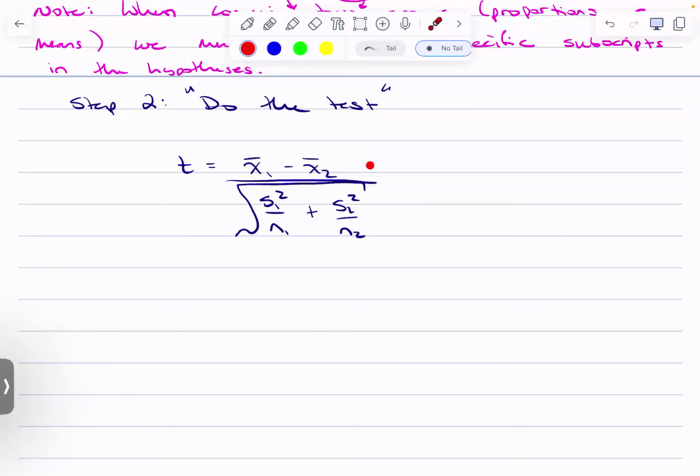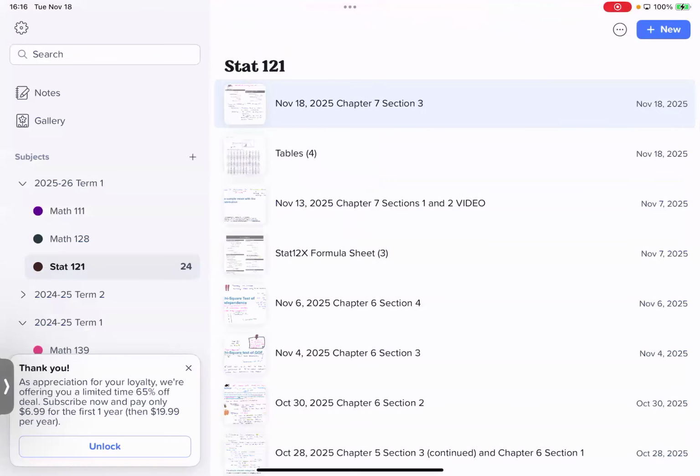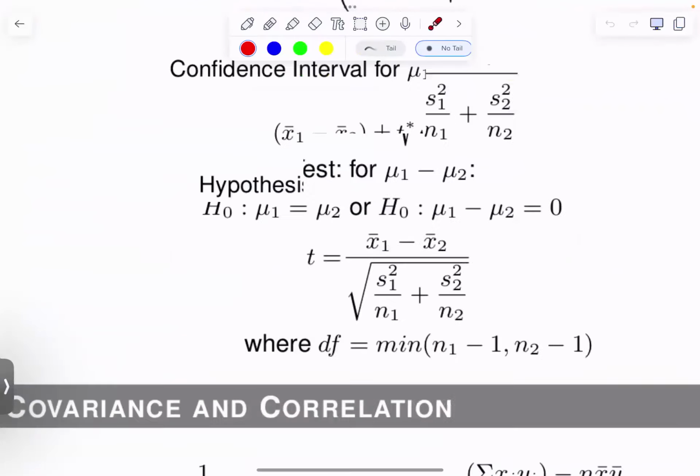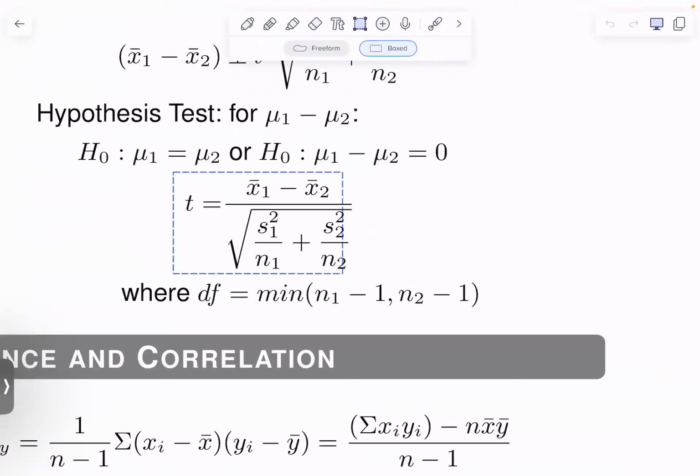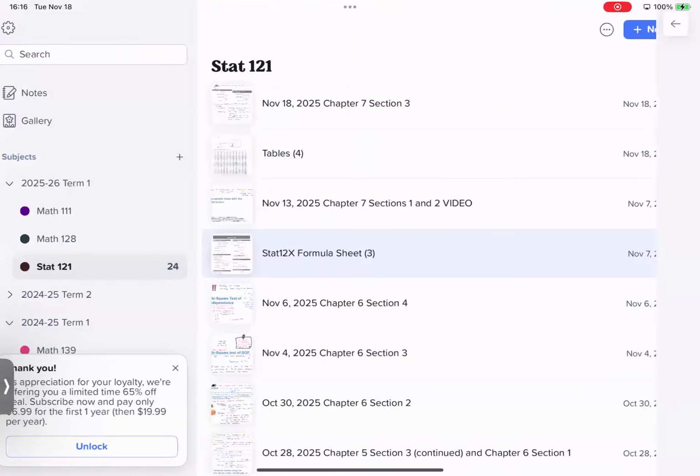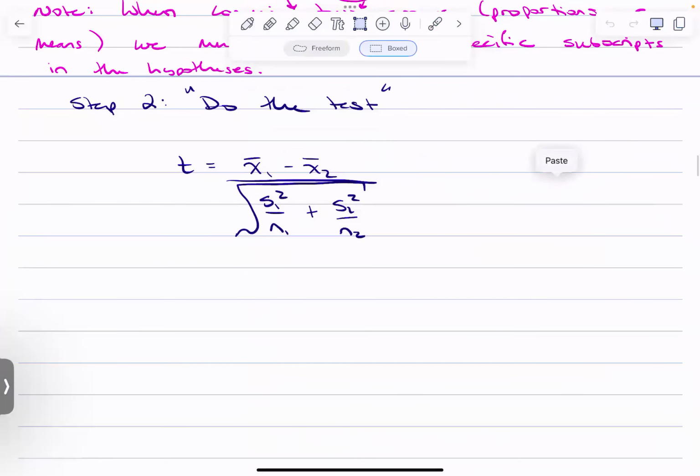Technically, how far is it from a hypothesized difference of 0? But we just dropped that. If you go back to your formula sheet, it's not even on there. Oh, and I guess I could bring that in. But it's in my brain.